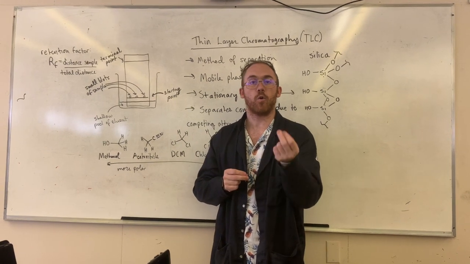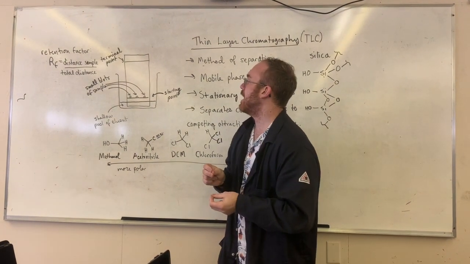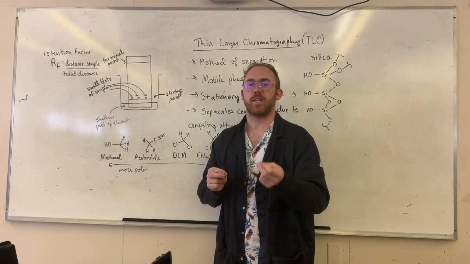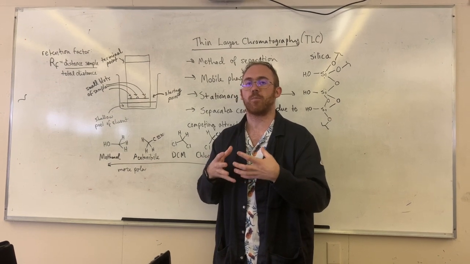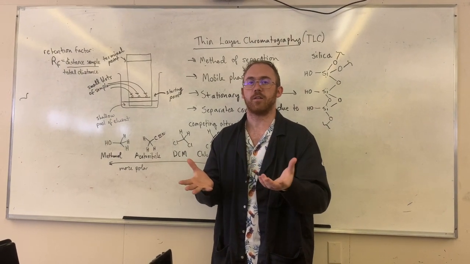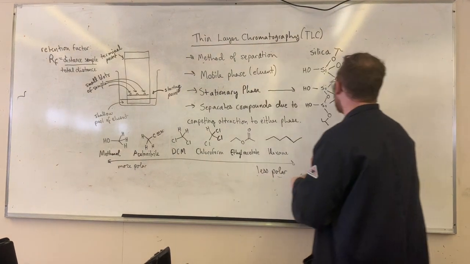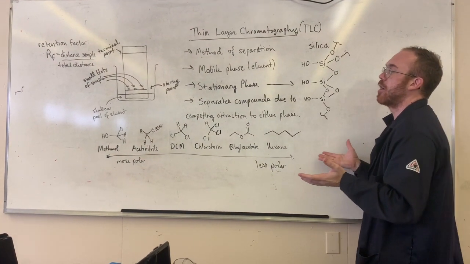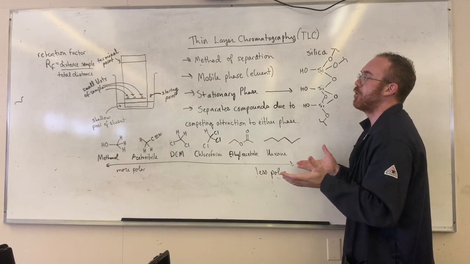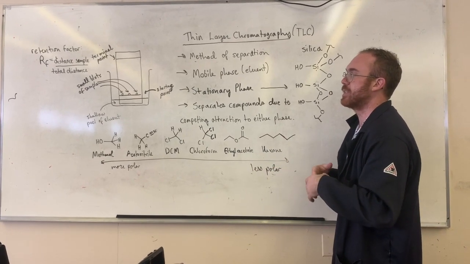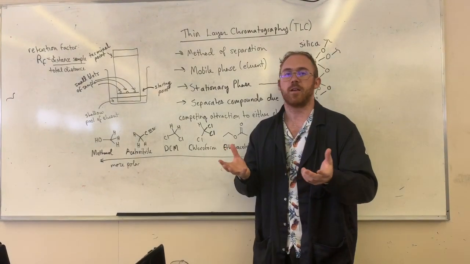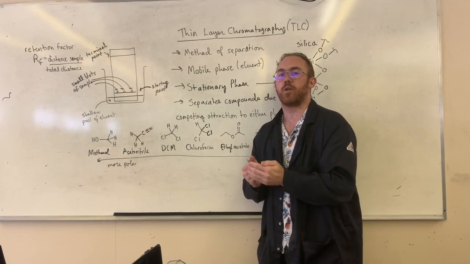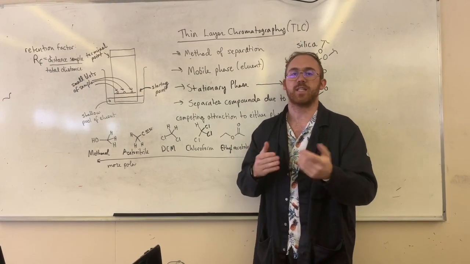The compounds that are going to hold fast are going to instead be the more polar compounds that have a closer and stronger polar interaction with the silica in this case. So if you have, let's say, a variety of different compounds, they might have to go through different stages and phases of this column chromatography, because some of them may be way more polar and some of them may be way less polar.